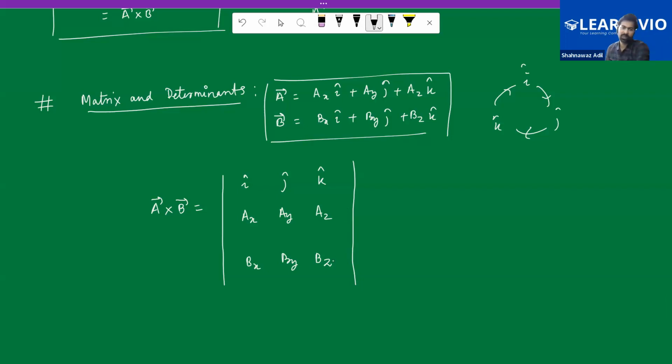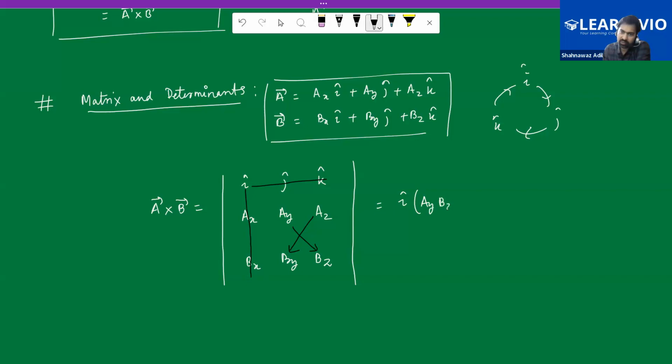Firstly, you take i hat, and then you discard the corresponding row and the corresponding column. You discard these two things, and then you take this product and this product. So what am I getting?